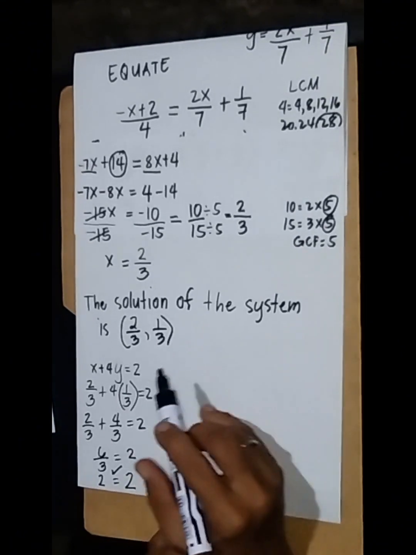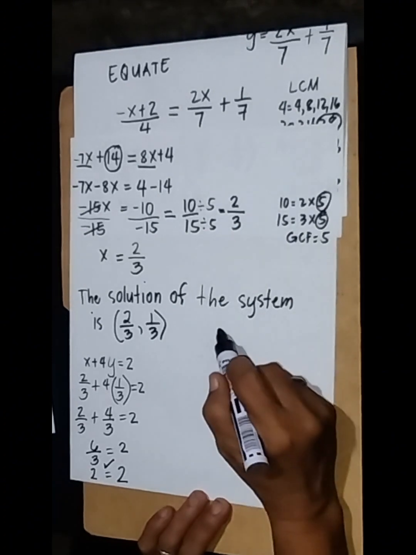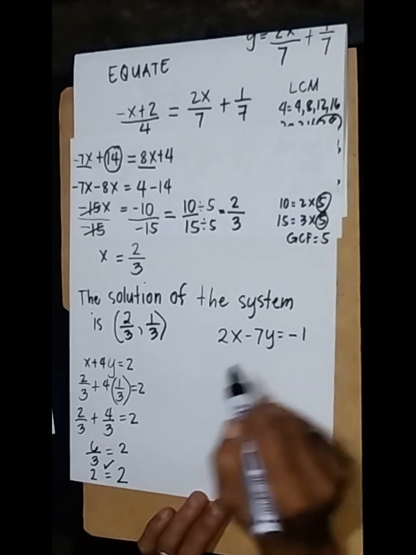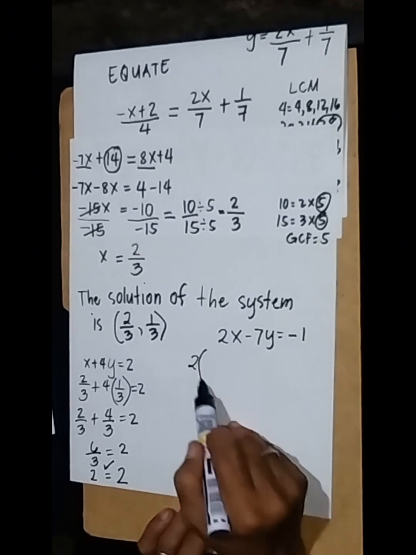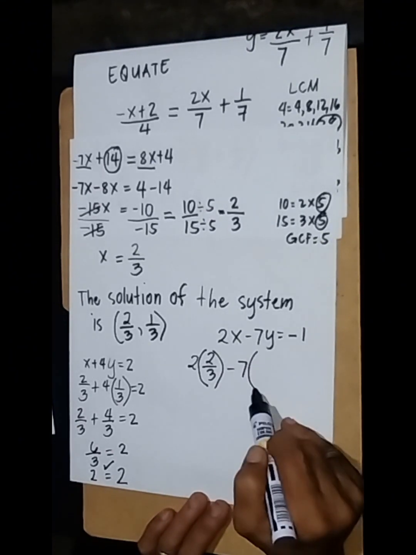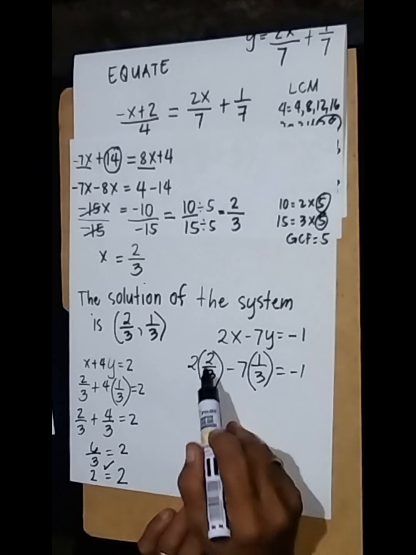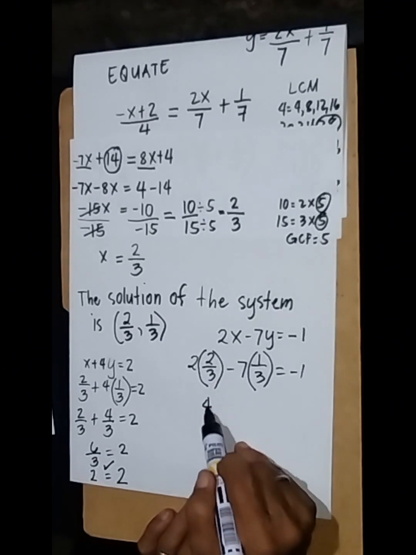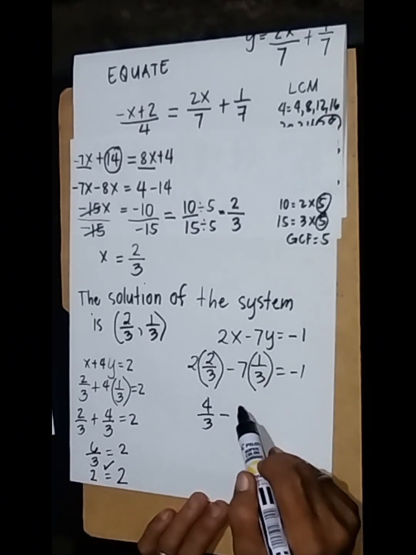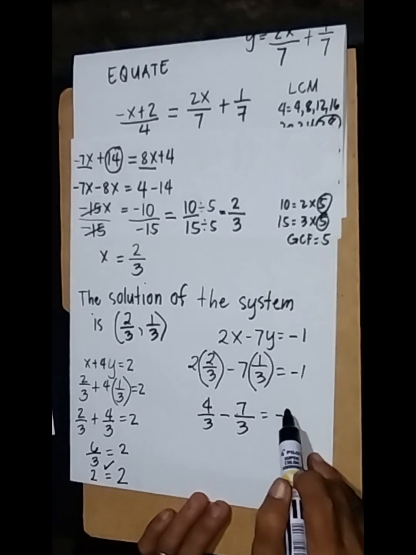Now, we have to check our second equation, which is 2x minus 7y is equal to negative 1. So, 2 times the value of x, 2/3, minus 7 times the value of y, which is 1/3, equals negative 1. 2 times 2/3 is 4/3. Negative 7 times 1/3 is negative 7/3, equal to negative 1.